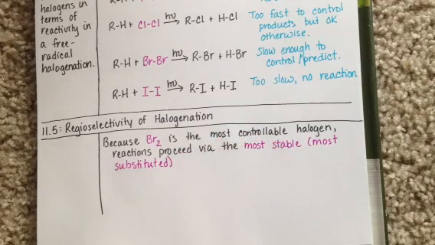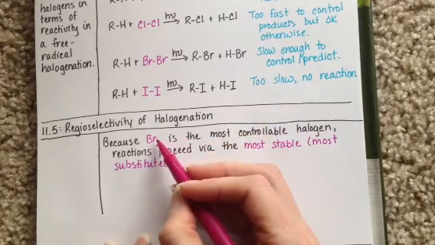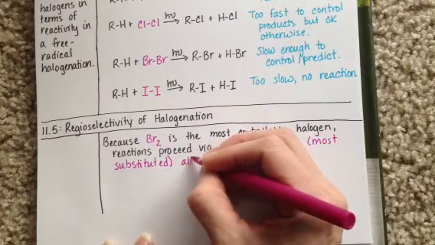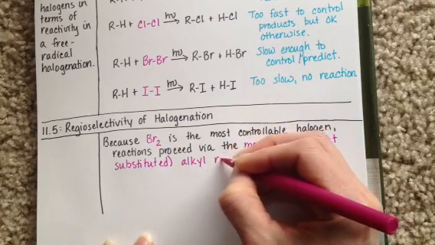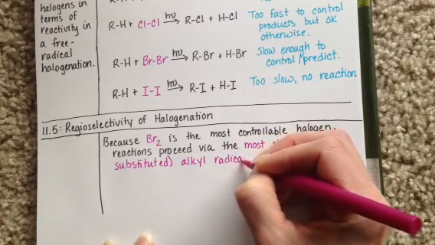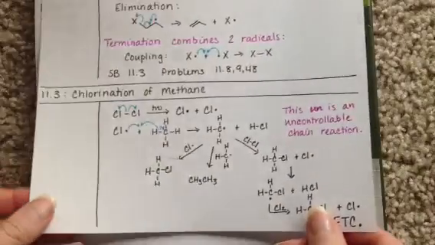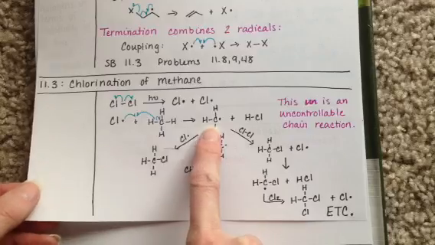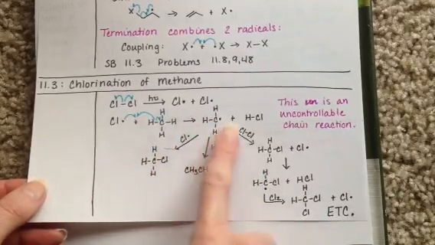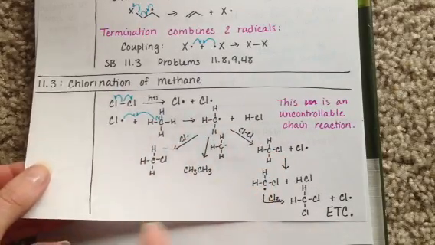And here we're talking about not the bromine radical, but the alkyl radical that is also involved in the reaction. If you remember back from section 11.3, there are the alkyl radicals that are involved in these processes, and there's a few different types of them.